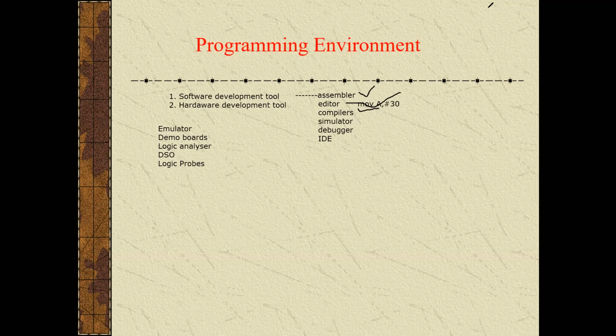So now let's see the emulator. What is the emulator? An emulator is a hardware development tool which is used to test and debug both the hardware and software of an external system, such as a microcontroller based system.